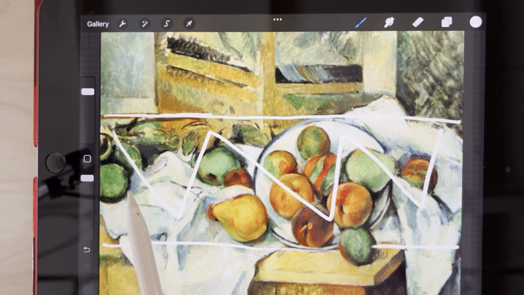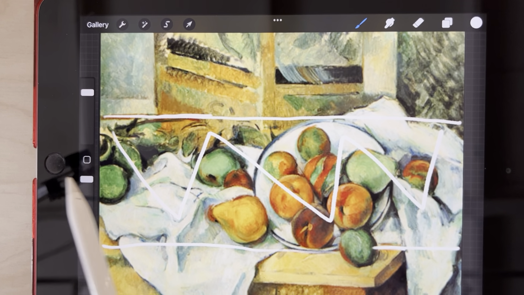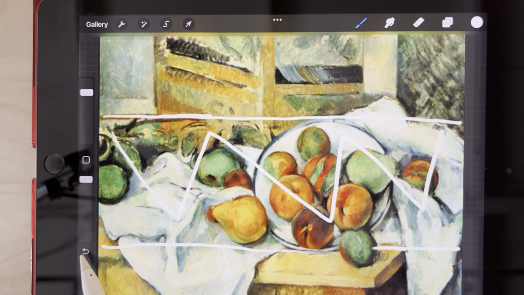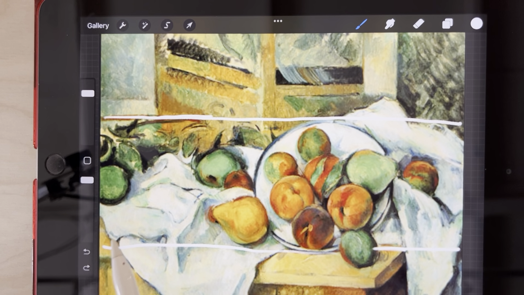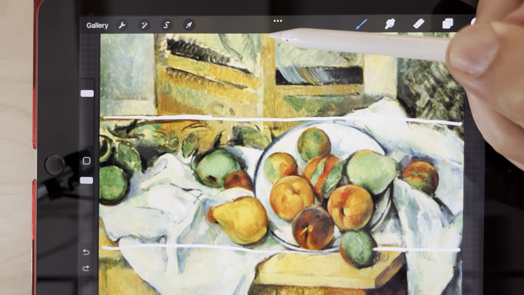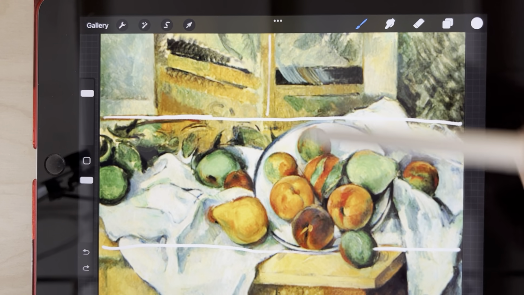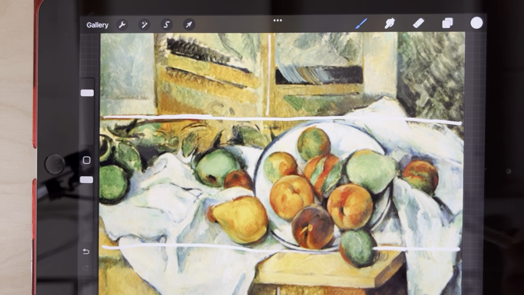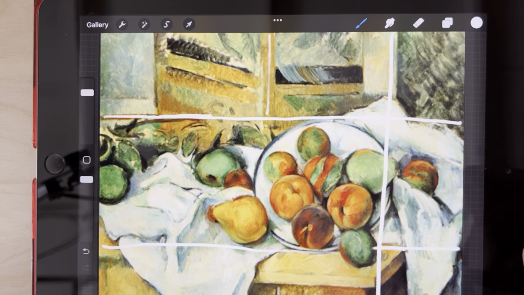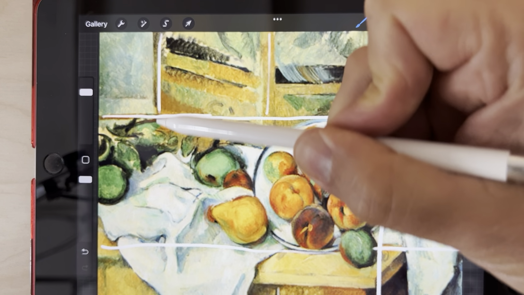So let's go back. So you've gotten this figured out, that basically that is the focal point. But if you look at it again, we've broken this down into thirds. We do have a line that's over here, which is not as emphasized, and it picks up over here. But primarily the ones that really stand out to me is this line over here and this line over here. Okay?